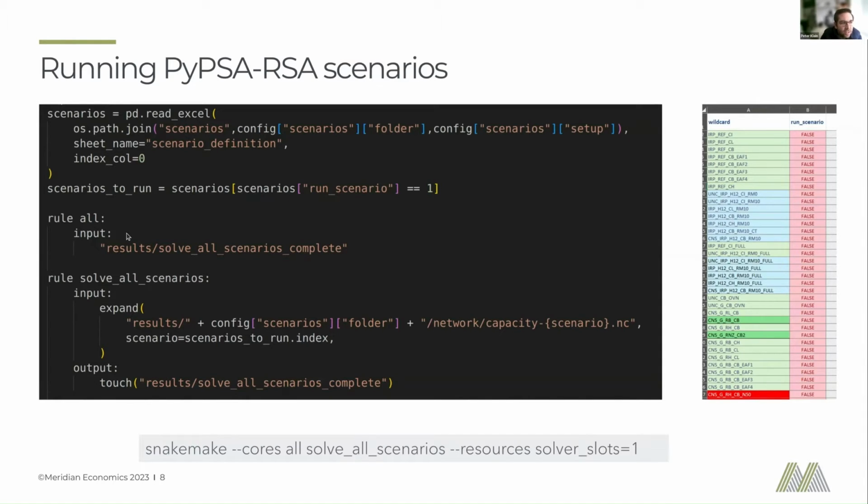In that part of the script where it says run all, in our scenario setup we can have rows with all the different scenarios, and you give it a flag for whether you want to run that scenario or not. For example, you can leave it overnight and Snakemake will automatically run through all of the different scenarios you've defined and want to run.